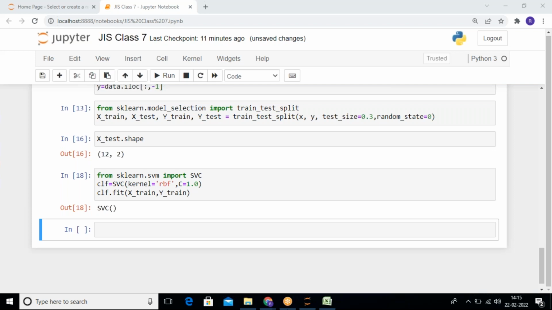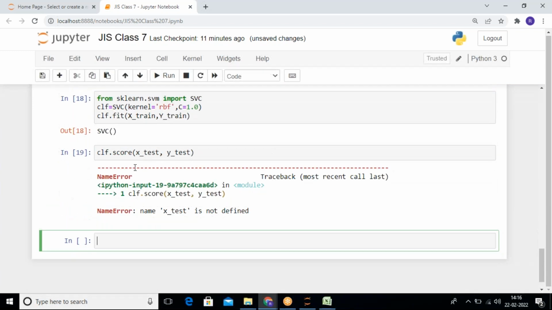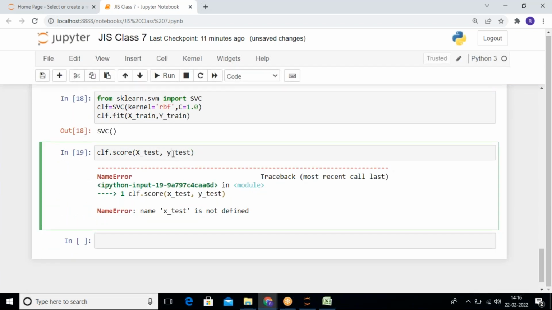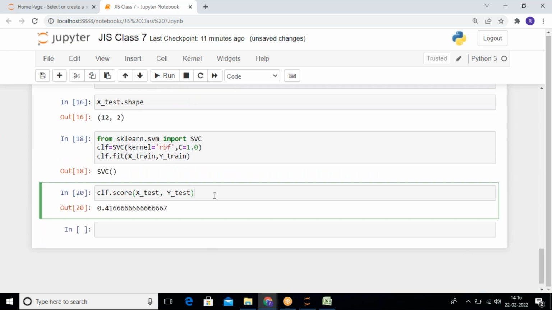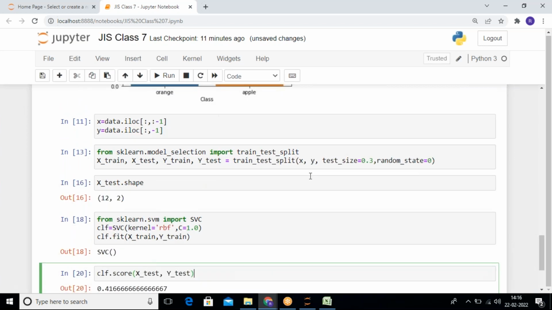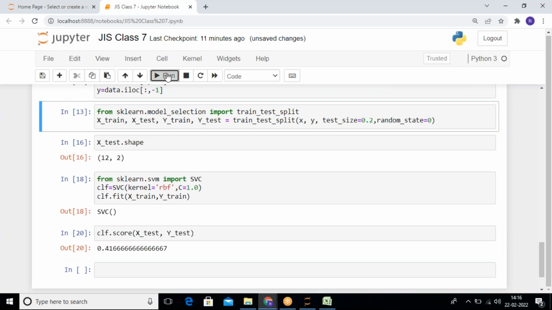Yesterday somebody asked me one question: sir, what is the use of the score function? See here, I'm using this score function with X_test and Y_test.